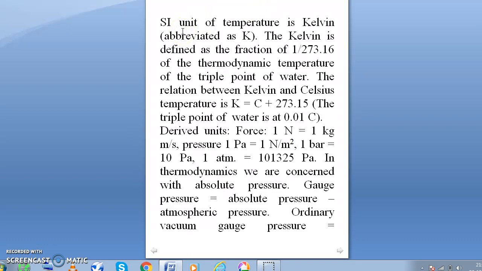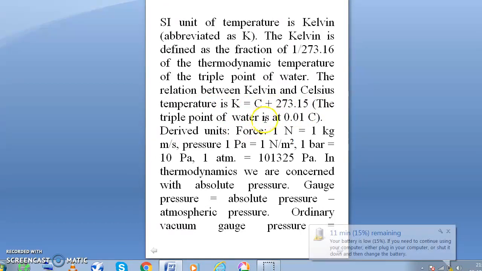The SI unit of temperature is Kelvin. The Kelvin is defined as the fraction 1/273.16 of the thermodynamic temperature of the triple point of water. The relation between Kelvin and Celsius temperature is K equals C plus 273.15. The triple point of water is at 0.01 degrees centigrade.